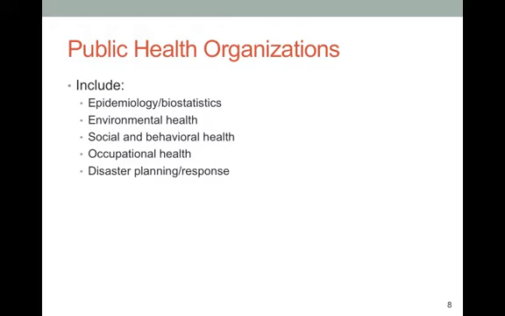Public health organizations. They include epidemiology and biostatistics, environmental health, social and behavioral health, occupational health, and disaster planning and response. And we're going to talk about each one of those just a little. Epidemiology and biostatistics. They accomplish their mission to monitor, identify, and prevent outbreaks of disease.